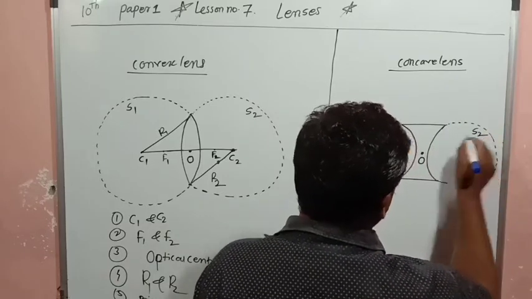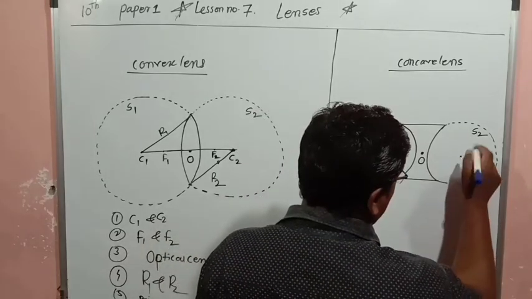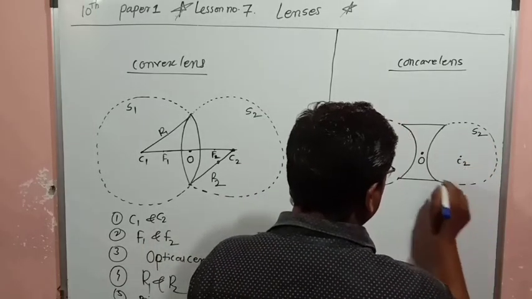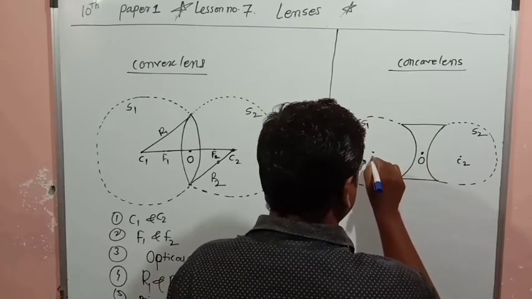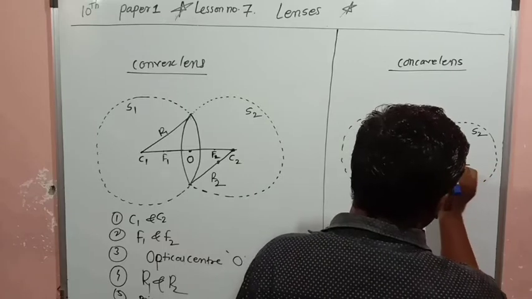Suppose this one is the S2 sphere, this one is the S1 sphere, then here the center of S2 is C2, and the center of S1 is C1, and the line joining both will be the principal axis.